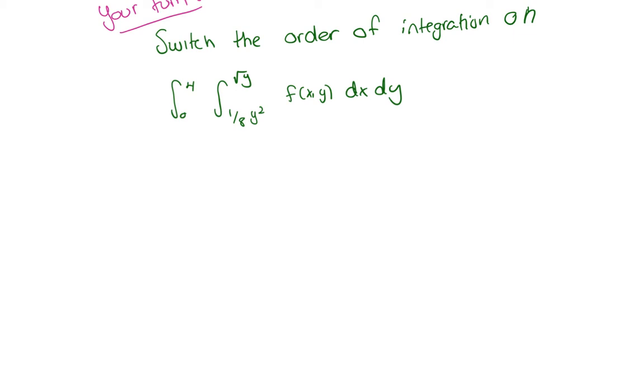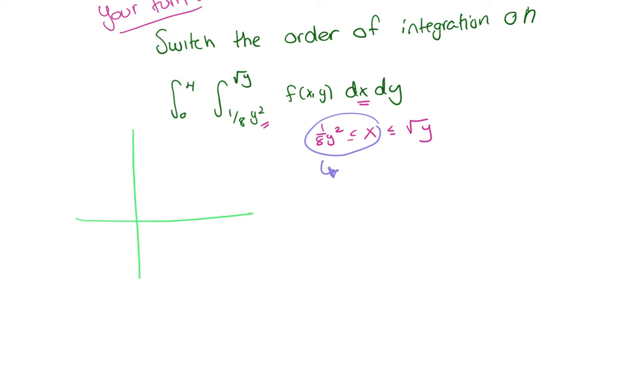I always like to switch the order of integration by drawing out my region. So to start off, I have that x goes from 1/8 y squared to square root of y. Now, I like to draw curves in terms of y equals, so I'm going to take both of these and rewrite them. So I get y squared equals 8x, which is y is the square root of 8x, but it could be plus or minus.